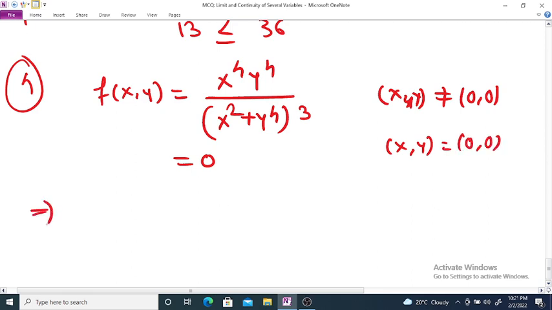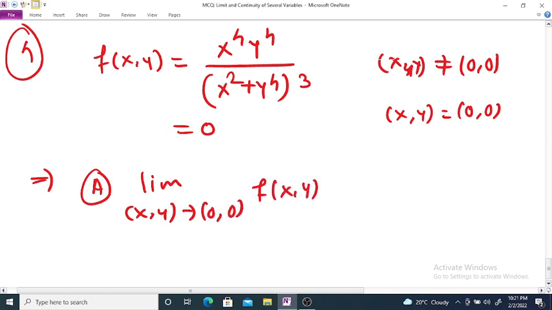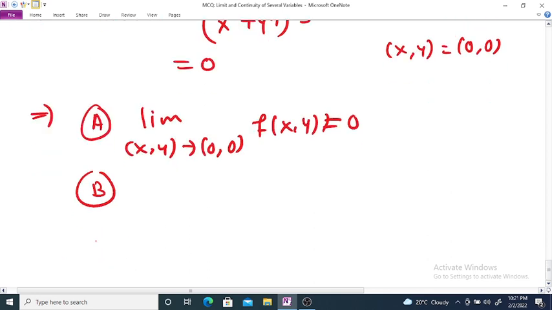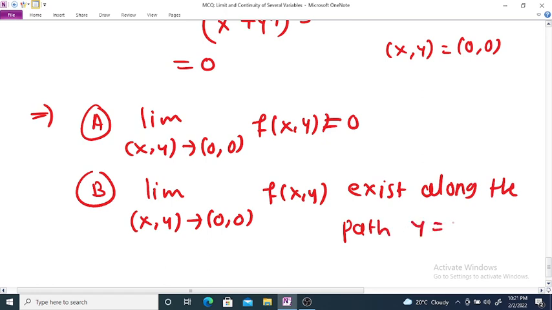So, options are given. The first option is limit x y tends to 0 0 of f of x y equal to 0. The option number B, limit x y tends to 0 0 of f of x y exists along the path y square equal to m x.